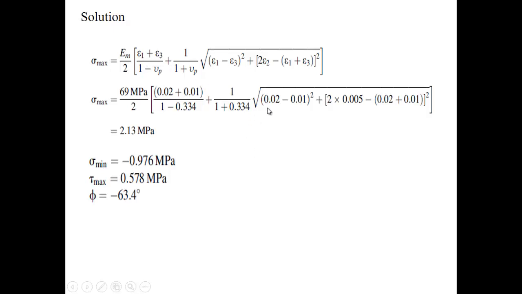You just substitute and you will get the direct result of your sigma max, which is 2.13 megapascal. I believe if you try at home, you will also get the value for sigma min, the principal stress, your shear max and also your angle. I hope you can try and you will get the same result.